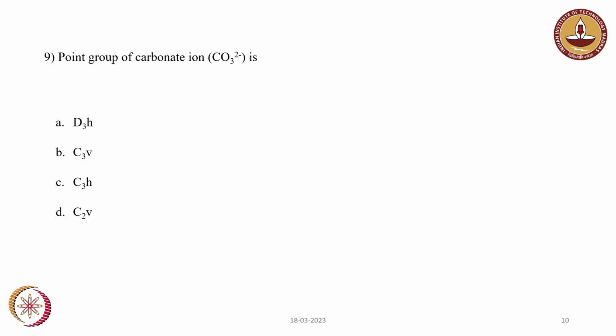The next question is the point group of carbonate ion CO3 2- is option A is D3h, option B is C3v, option C is C3h, and option D is C2v. So CO3 2-, that is a carbonate ion. It has a trigonal planar structure.